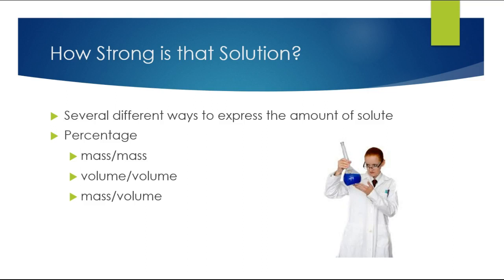Very common to see concentrations of solutions in these percentage type factors. But in chemistry, we often use molarity, and that's because we deal with moles and it's much more convenient for us. There's also a type of concentration that's called molality, and we'll talk a little bit about that.